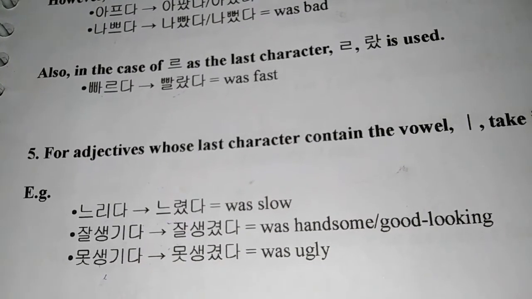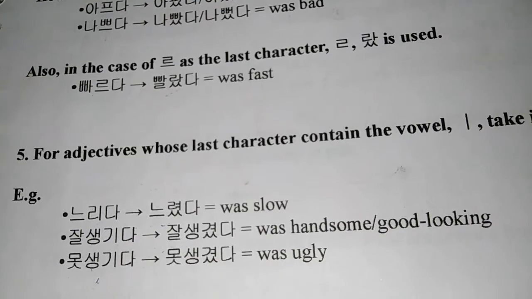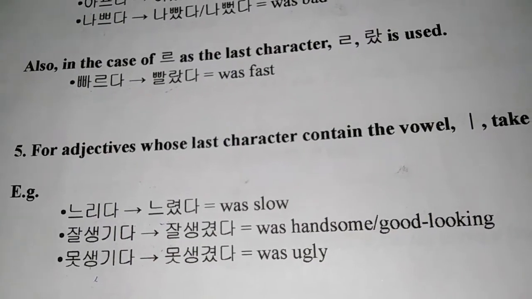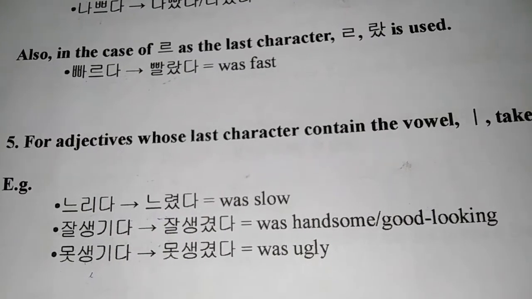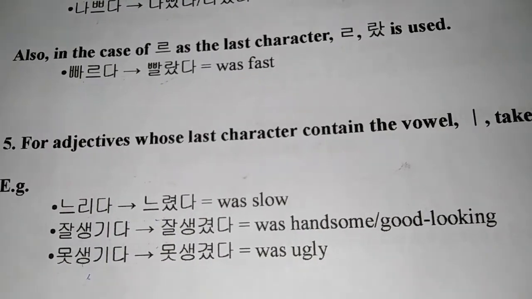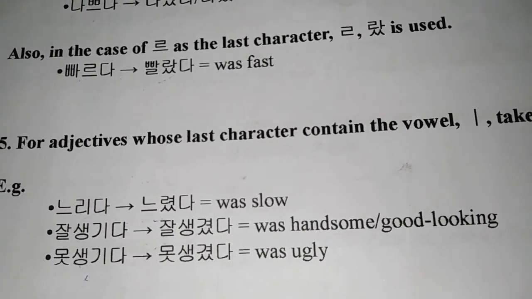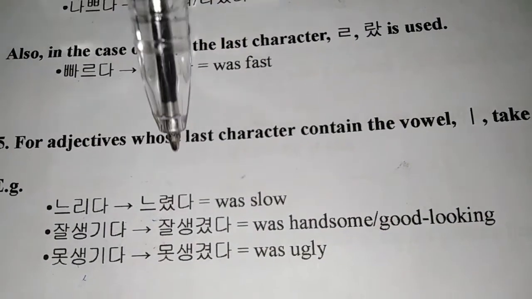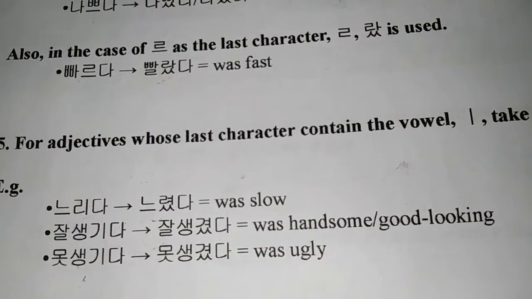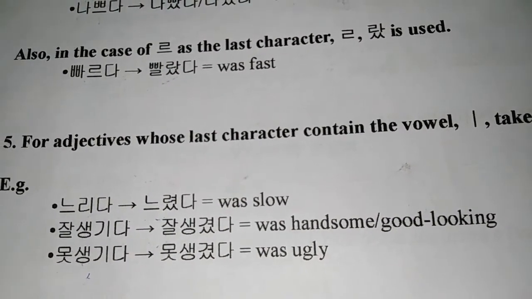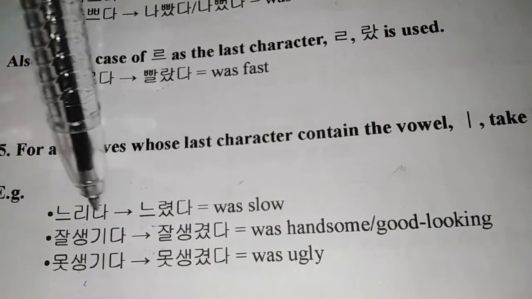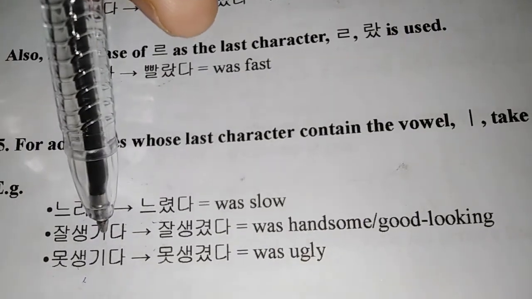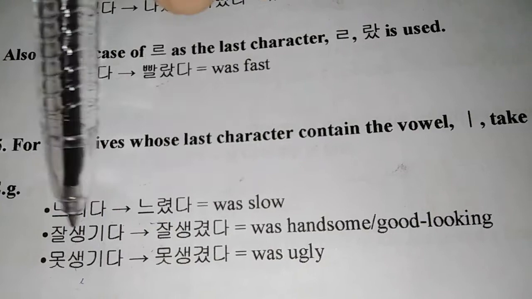It's not like mango and mangoes, or man and men. There are no completely new words coming out of a root word. You're just adding 쌍시옷 and tweaking some vowels here and there. So 느리다 becomes 느렸다, that is ㅣ changing to ㅕ.